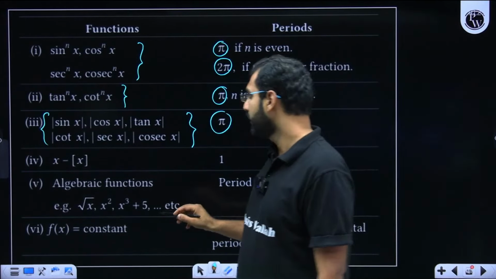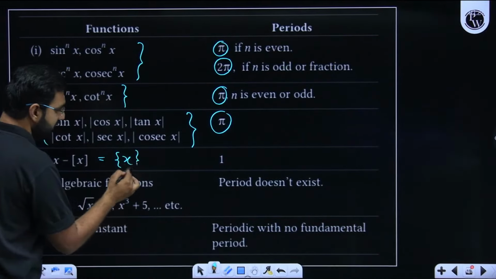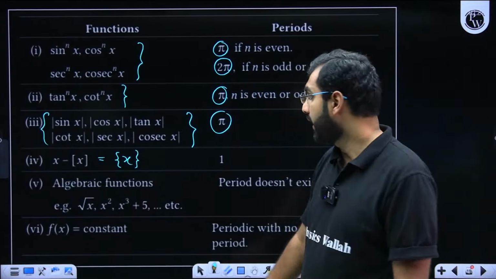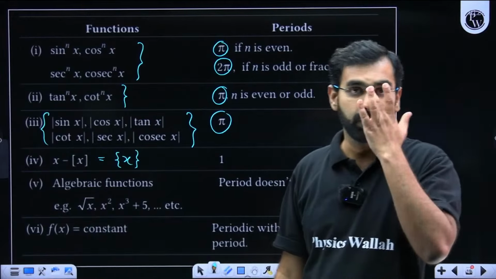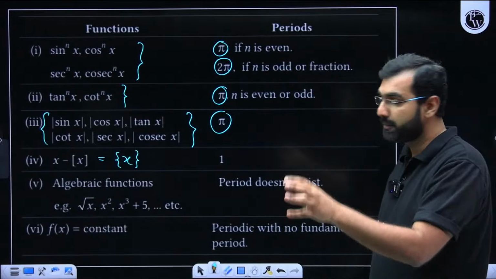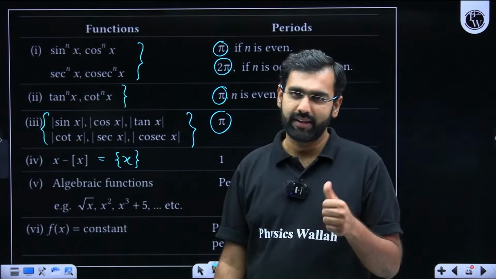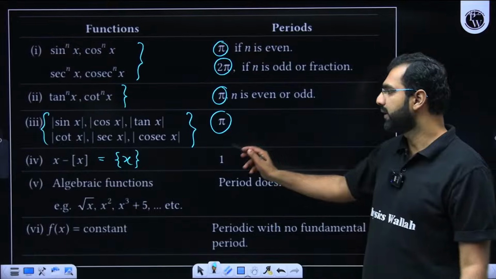Yes, we do remember the fractional part of x. I hope you remember x minus the greatest integer of x is nothing but the fractional part of x. The fractional part of x is also a periodic function, and questions based on this are asked in definite integration, where you play a lot with limits, you break the limits and you finally solve the question. So based on the greatest integer function and fractional part, they are asked, and whenever you are dealing with fractional part functions, remember its period is 1.